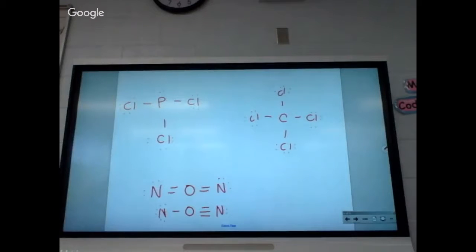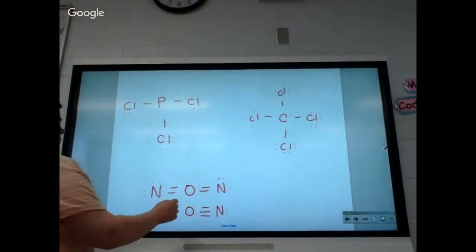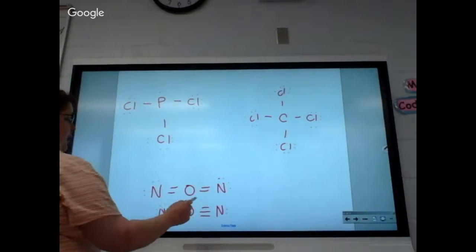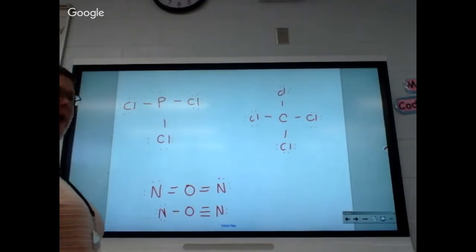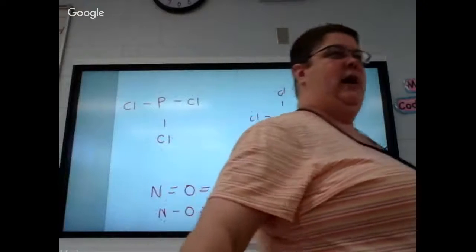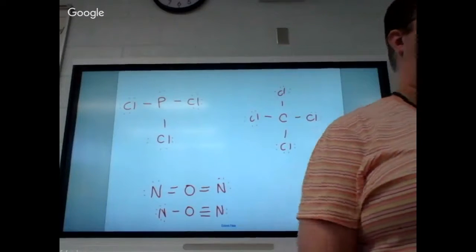Again, it's a resonance form. Either one is acceptable. What geometry would it be? Linear, and it is nonpolar. The bonds are both between O and N on both sides, and there are no lone pairs. Any questions about how to do that?